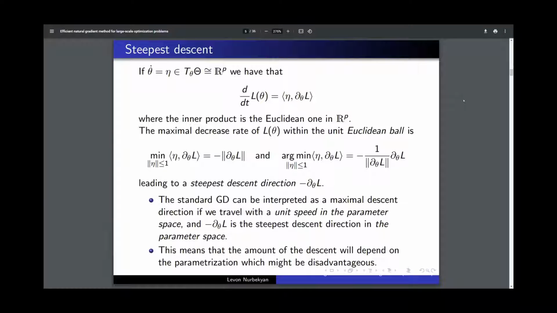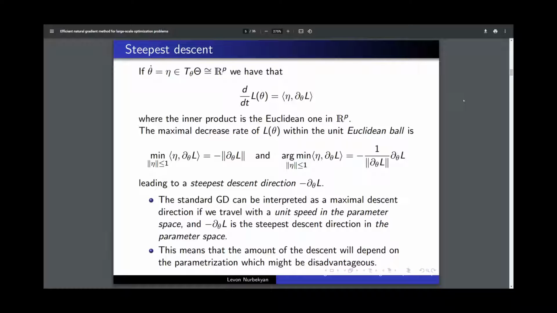So can we actually take advantage of this structure? To do that, let's go back and interpret the steepest descent method in another way. Let's say we have our parameter theta, and I'm talking here in continuous time. Let's say I want to update our parameter in some direction eta. The derivative of the loss function, the rate of decrease of the loss function, will be just the inner product between this eta and the gradient of the loss with respect to the parameter.